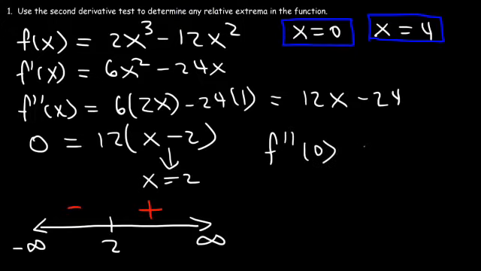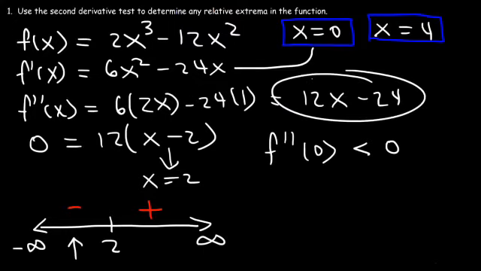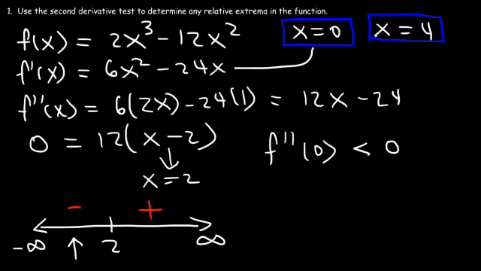So therefore, the second derivative test at 0 we could say is less than 0, because 0 is between negative infinity and 2. Now granted, you could just take this number and plug it into this expression. You really don't need to create a sign chart, you just keep that in mind.